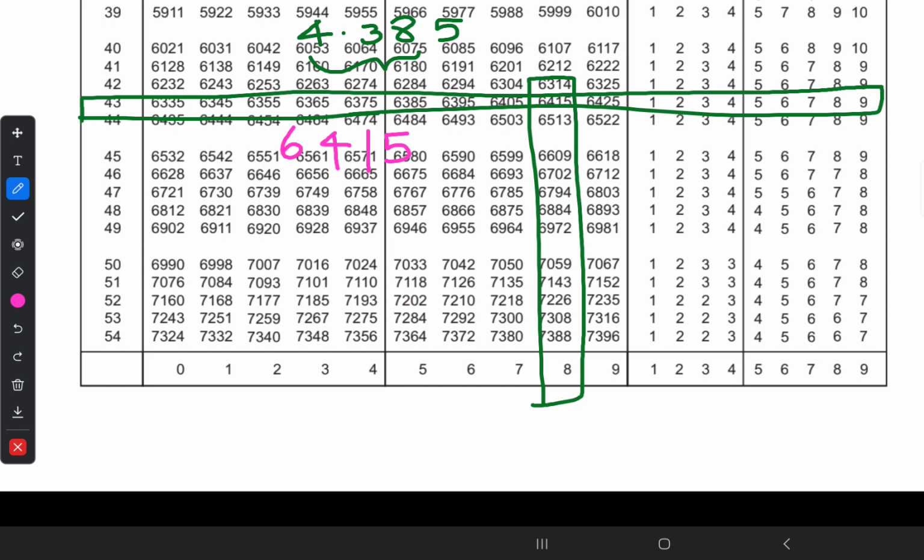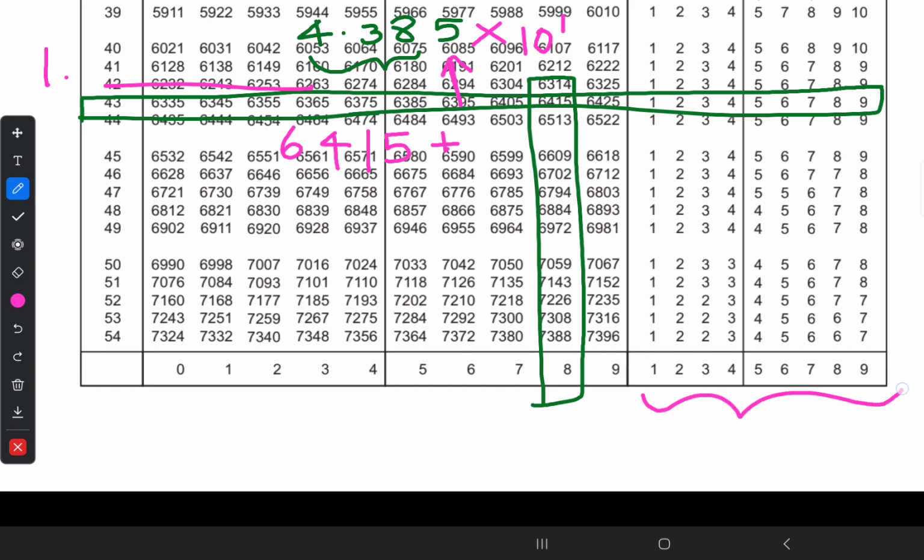After conversion of scientific notation, earlier we had 4.385 multiplied with 10 with the power of 1. That means the answer would be 1 point something. That something you should find by using the logarithmic table. In here, look at this, first two numbers will give you the row. Third number will give you the column. So both intersect at this place, 6415, plus fifth mean difference.